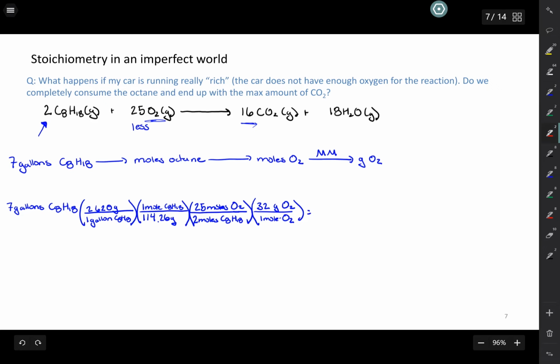Double check: gallons, gallons, grams, grams, moles, moles, moles, moles to grams. Plug that in, we should get 64,204 grams of O2. This is how much O2 we need to completely use up that 7 gallons of octane that we put through our fuel injectors.